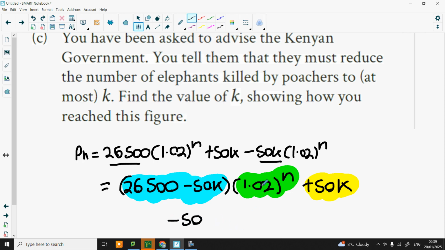So imagine if it started off at, let's say, minus 50. Eventually, it's going to get so large because that n value could go to the power of 100, the power of 1,000, that it basically becomes a very large negative number, which means your animals will become extinct. So what we're trying to focus on is keeping this number positive or above 0.